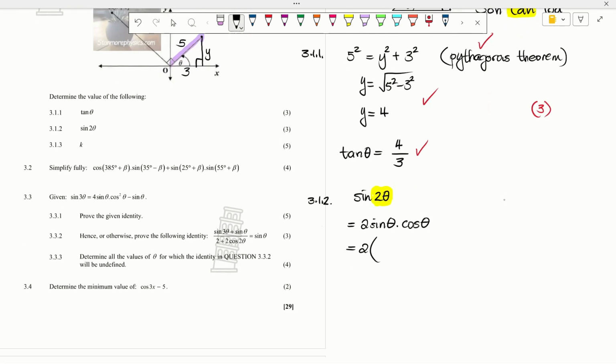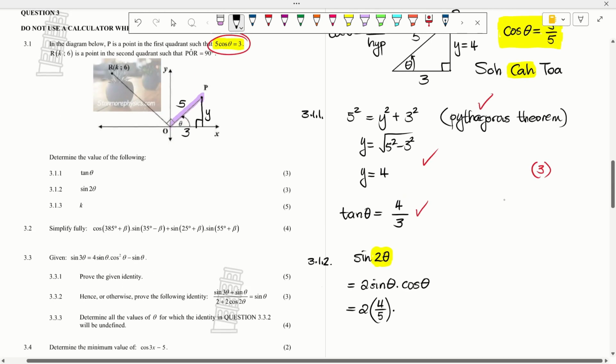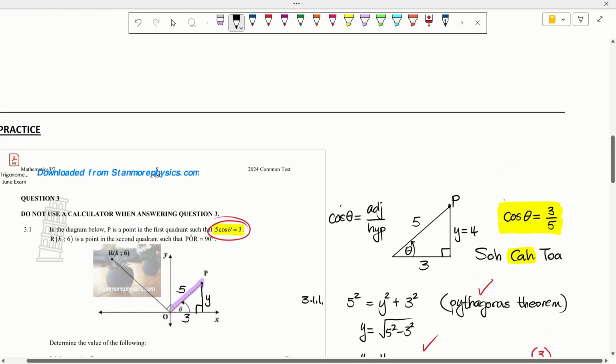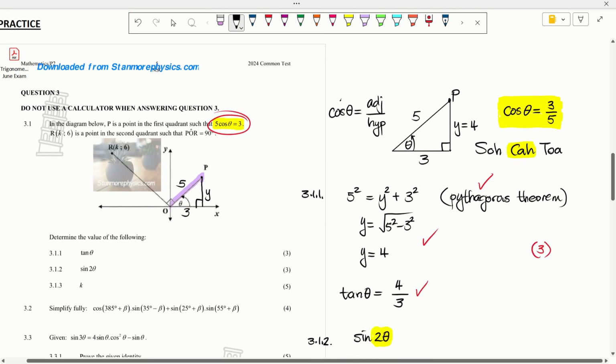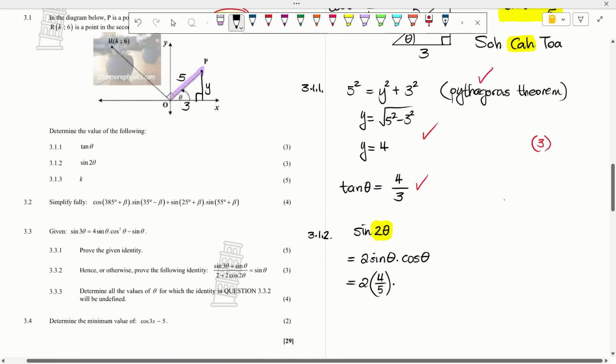So here it's 4 over 5 for sine theta multiplied by cos theta. What is cos theta from our triangle? Cos theta is 3 over 5, adjacent over hypotenuse. It was also initially given to us, so 3 over 5.